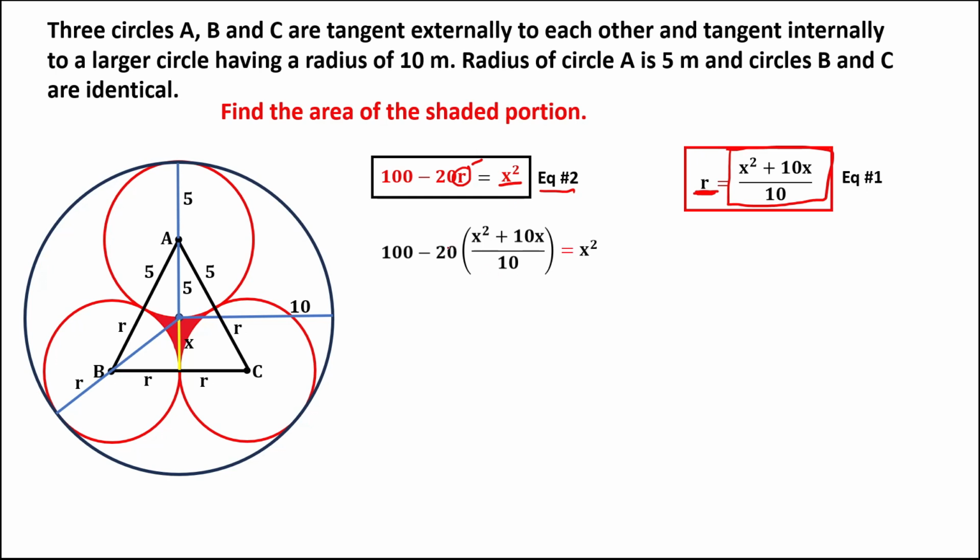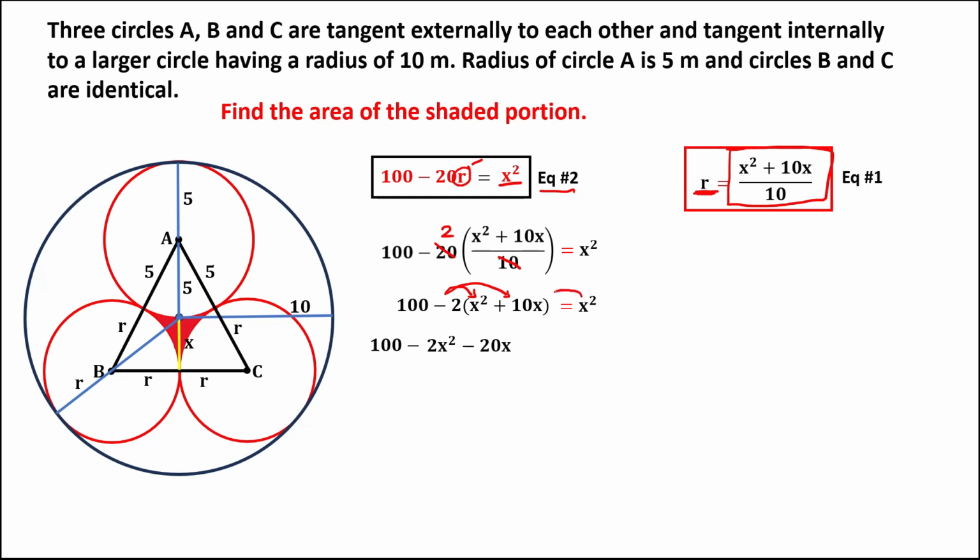Then to simplify, this 20 divided by 10, this is equal to 2. Then to simplify, this negative 2 times 2x, that's negative 2x. Negative 2 times 10x, that's negative 20x.